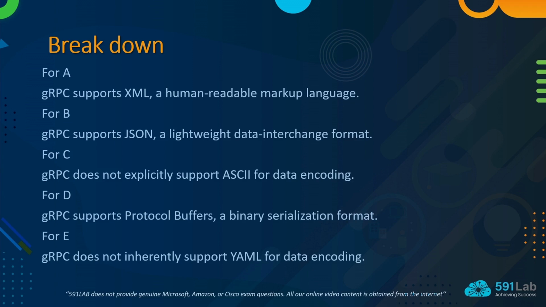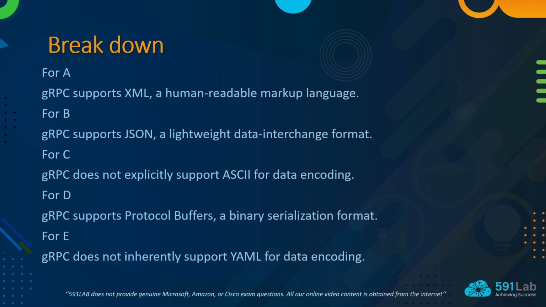For option C, ASCII, gRPC does not explicitly support ASCII as a data encoding technique. ASCII is the American Standard Code for Information Interchange. It is a character encoding standard, but it is not commonly used for encoding structured data like XML or JSON. Option D, protobuf. gRPC supports protobuf as a data encoding technique.